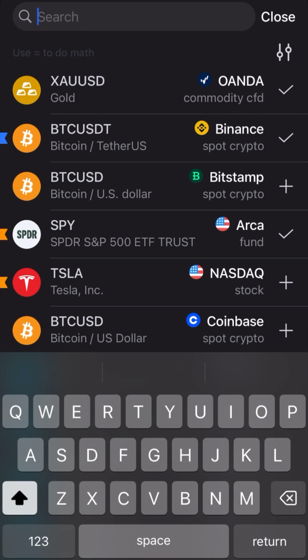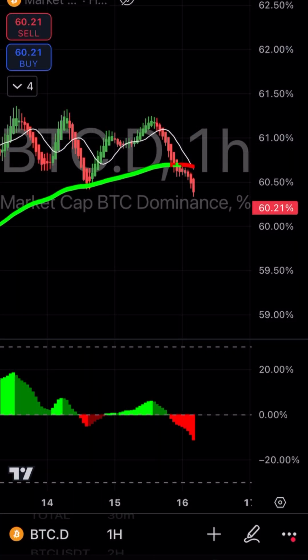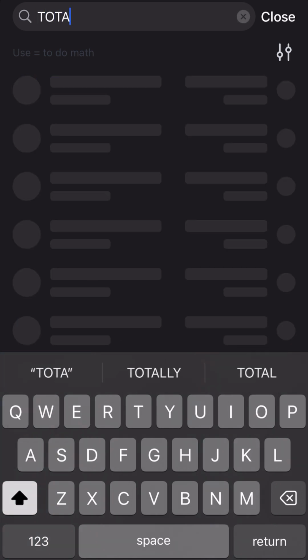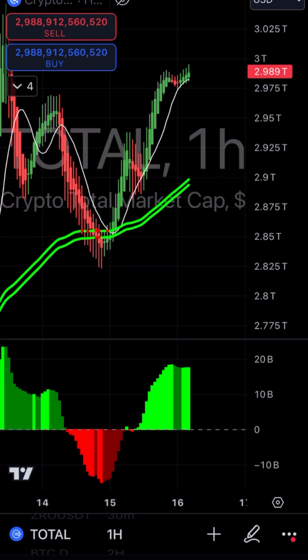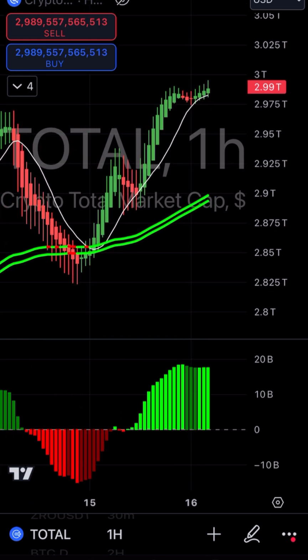If you look at the dominance of Bitcoin, BTC, and the market cap right now, Bitcoin makes up about 60% of the total market cap. So 60% of the money is going into Bitcoin right now. When you see the total market cap going up and crossing up, being bullish, you know that 60% of that money is going into Bitcoin.